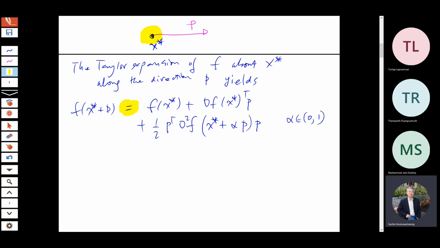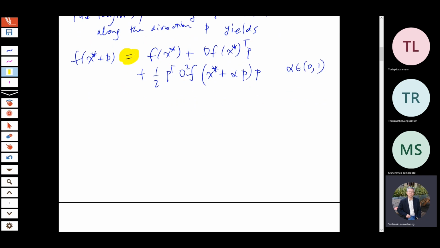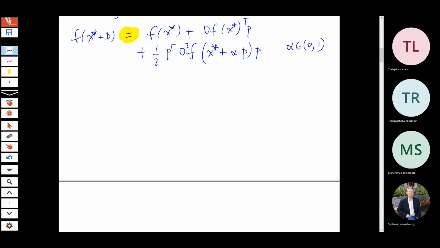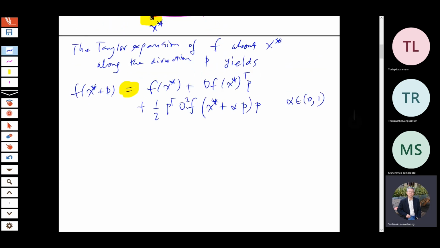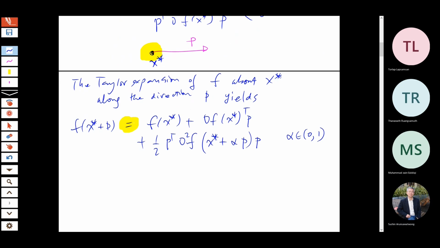When we consider the vicinity or the neighborhood of the point x star, then the alpha must be very small, right? The alpha is very small.